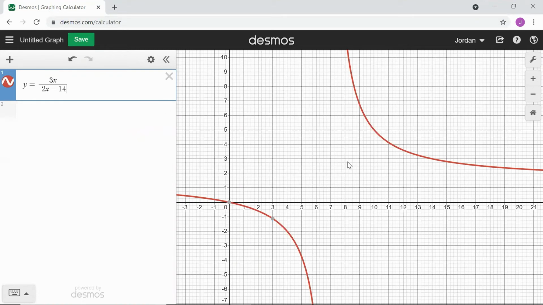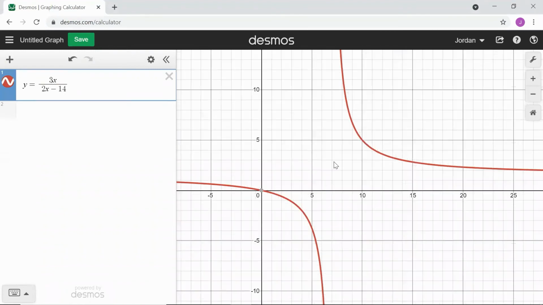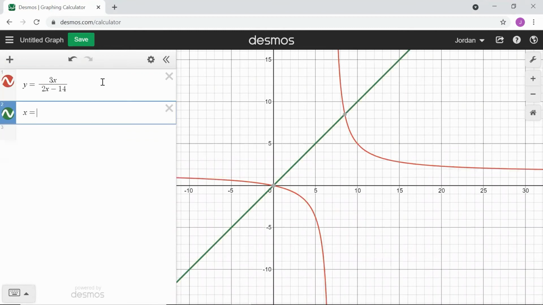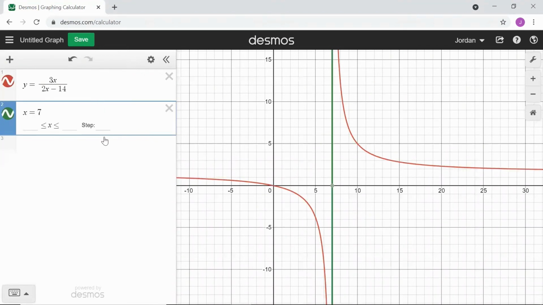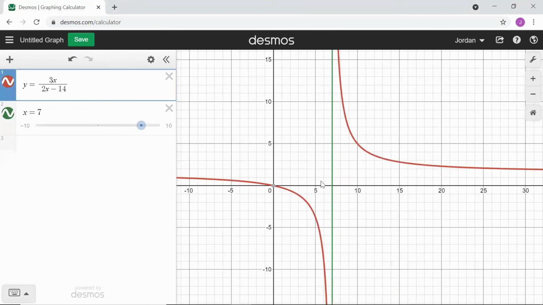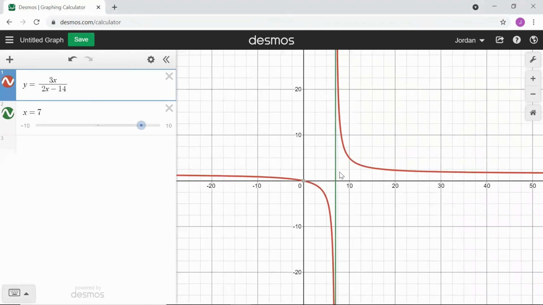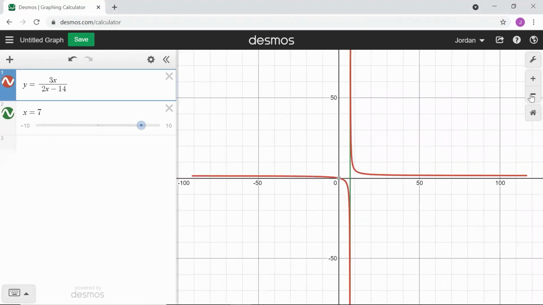When you do that, you can see that as we come in and approach 7, a lot of times it's nice to also put in a vertical line here, x equals 7, so we can see that it is actually 7 that our graph is approaching as we shoot off to infinity on the right and negative infinity on the left. And as you scroll out, you can see how that goes.